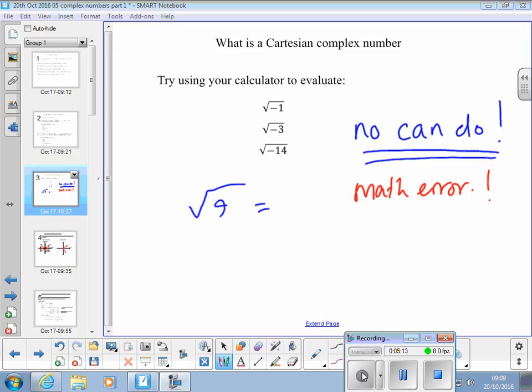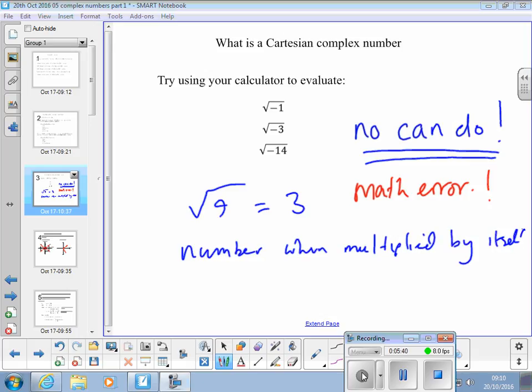You know it's 3, but how would you describe the number 3, the result of the square root of 9? It's the number that, when multiplied by itself, equals 9 in this example.